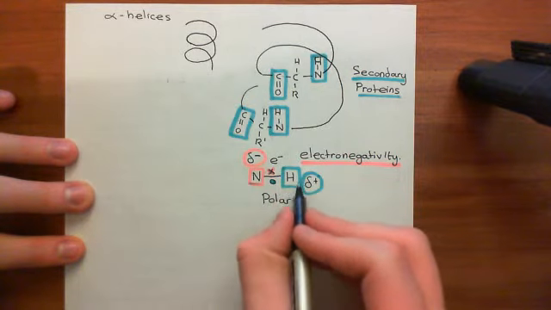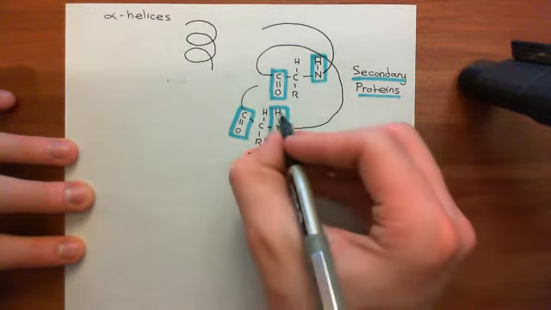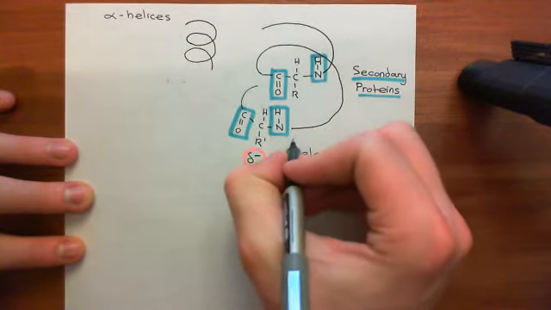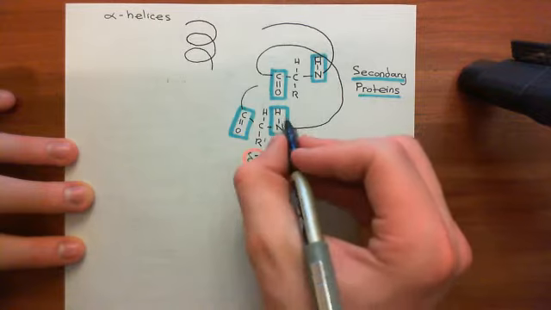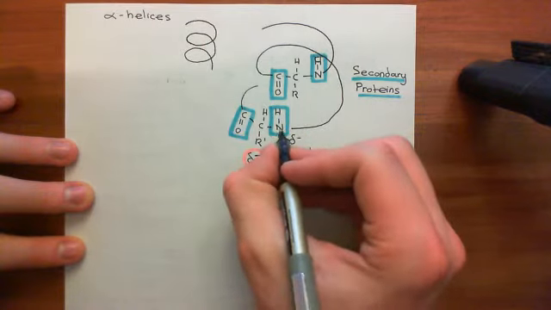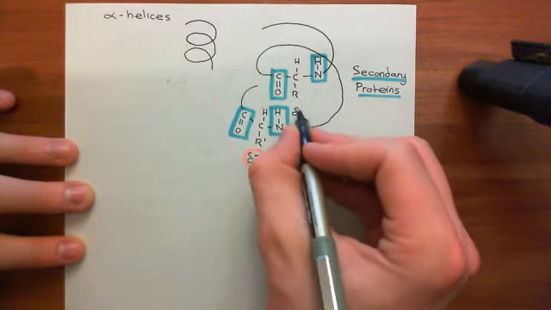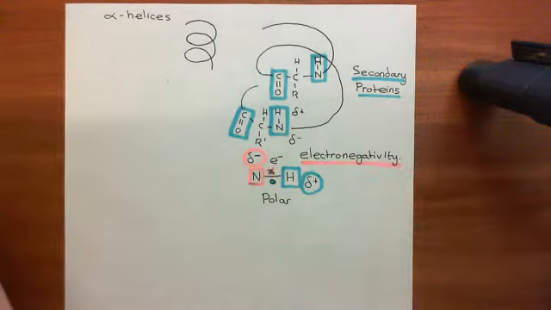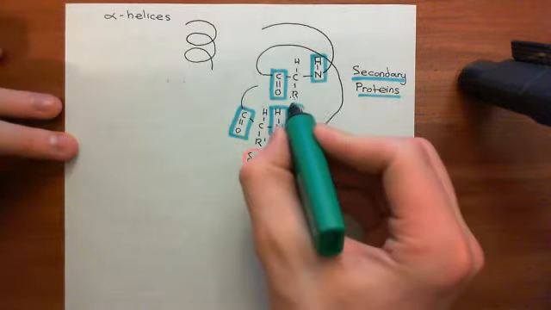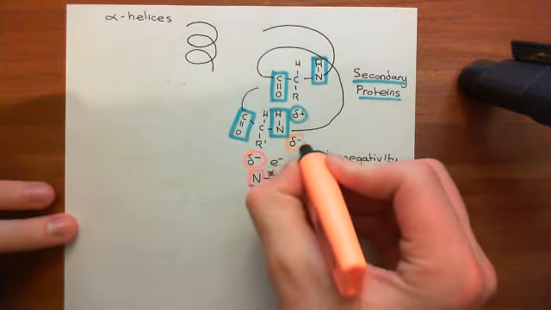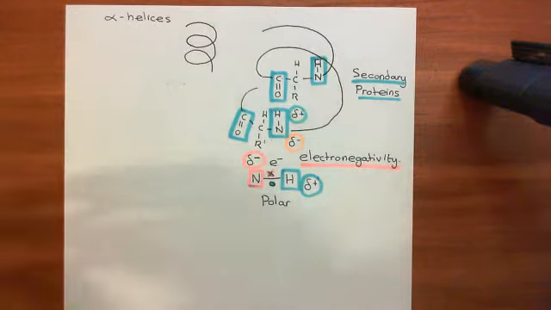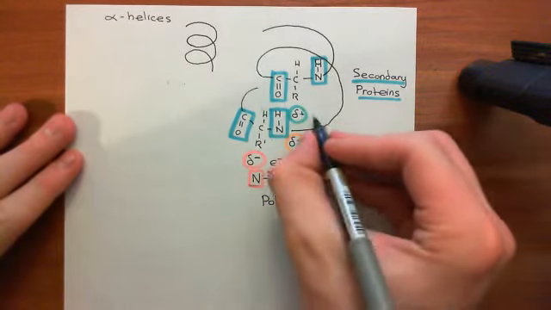You need a partially positively charged hydrogen, such as the one that we've got here. So now let's put this bond back into the protein structure. This nitrogen will be partially negatively charged. This hydrogen will be partially positively charged here. Now, as I was saying, you need a partially positively charged hydrogen in order to form a hydrogen bond.